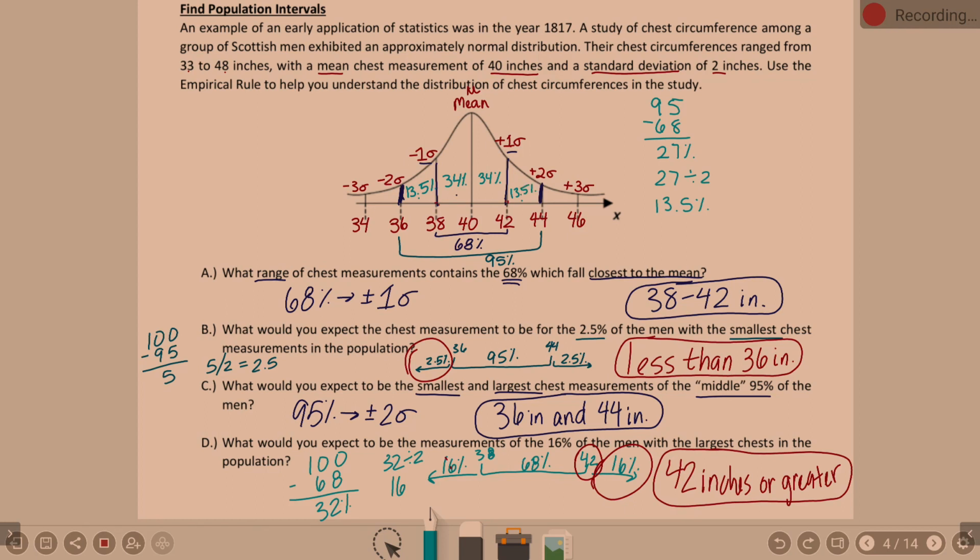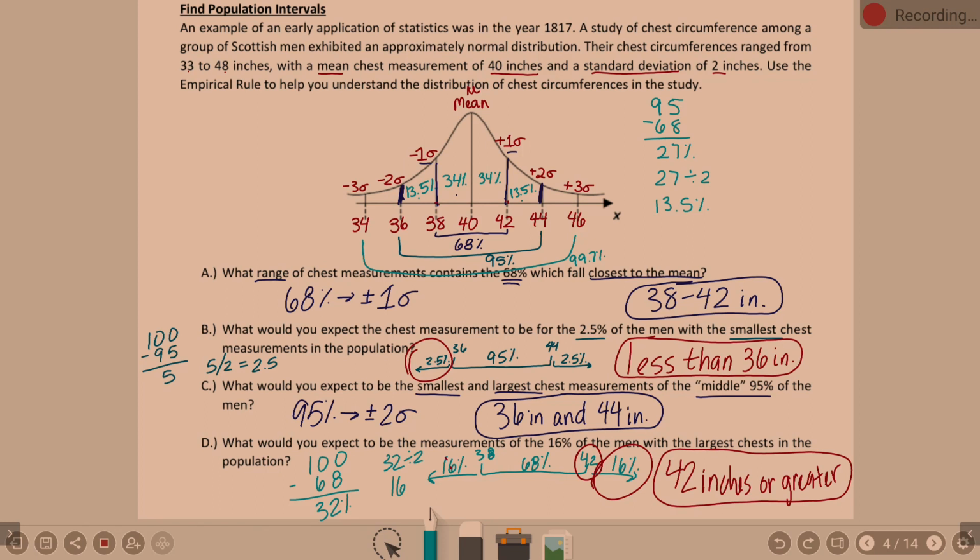Could you keep going with that? Yes. What's 3 standard deviations? We didn't need it on this problem, but what's the percent? From 34 to 46 is 99.7% of the data, right?